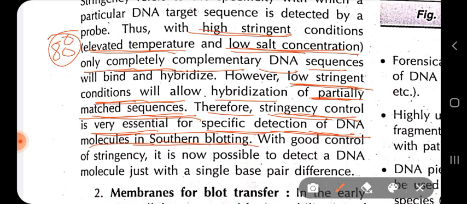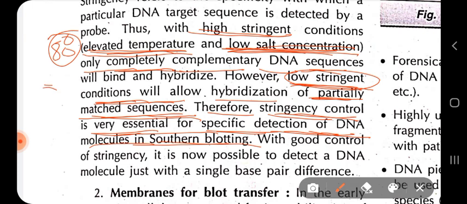It may occur that the probe sequence is somehow partially complementary to other DNA which is not the target DNA. So that's why we need some stringent control. We need some stringent actions to be taken. We have to increase the temperature and use low salt concentration, so that only the target DNA sequence will be able to bind and hybridize completely.